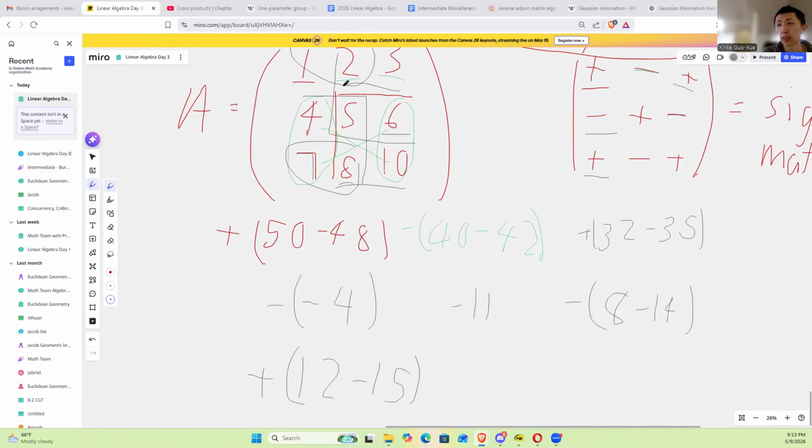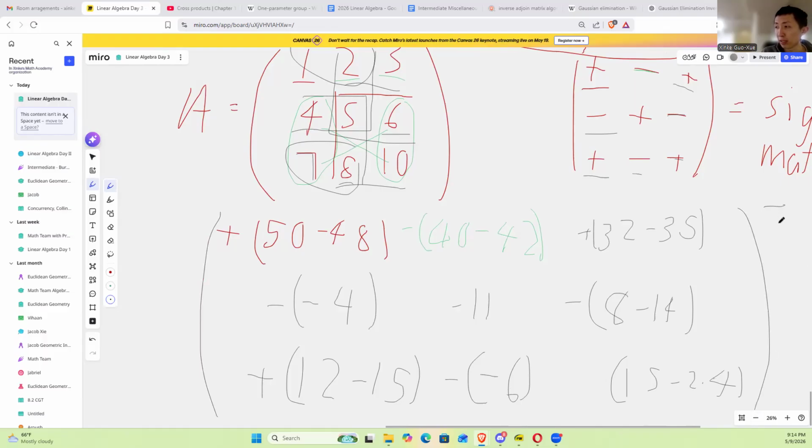For 8, 6 minus 12 is negative 6. There's a negative sign here, so we put a negative sign. For 10, we delete the row and column it's in and get 1 times 5 minus 2 times 4. This has a positive sign, so we leave it as is. This is called the adjugate matrix.